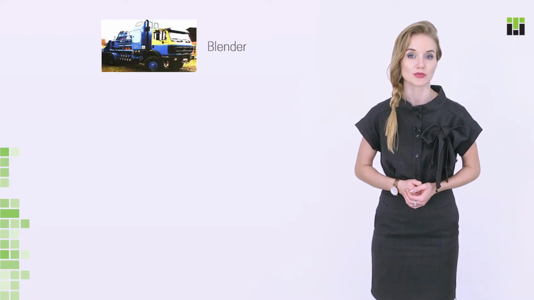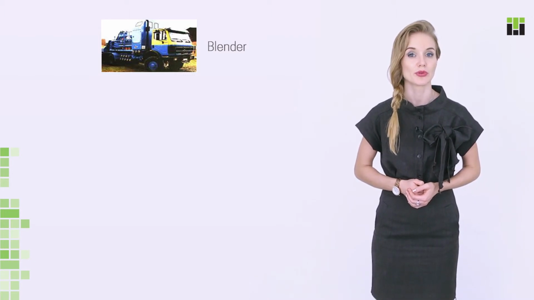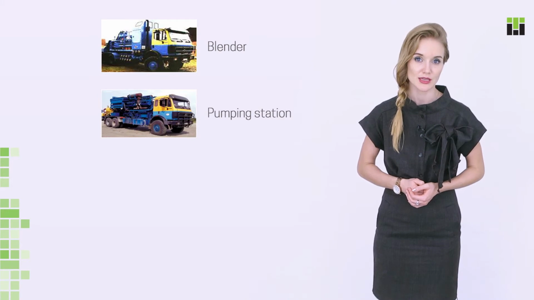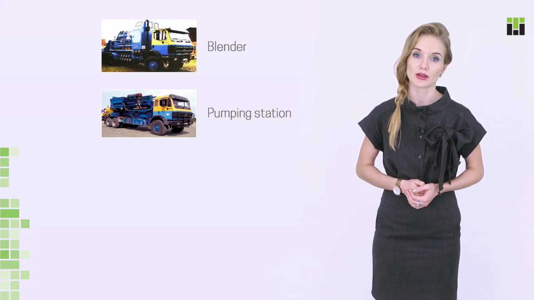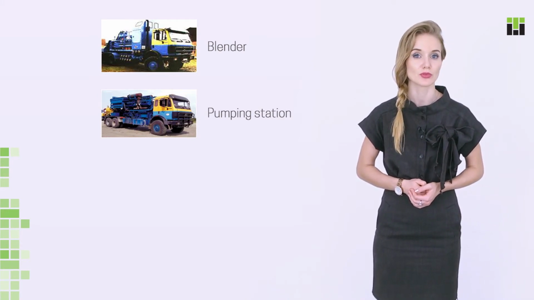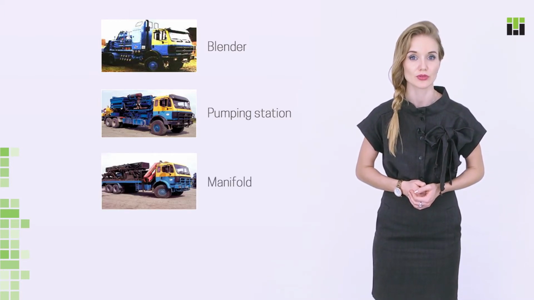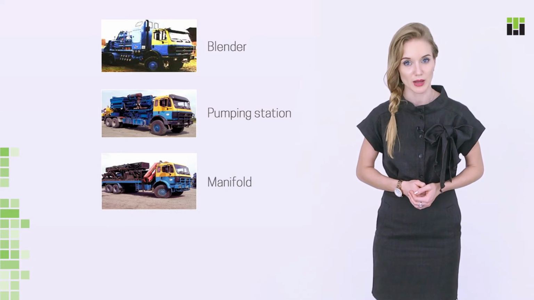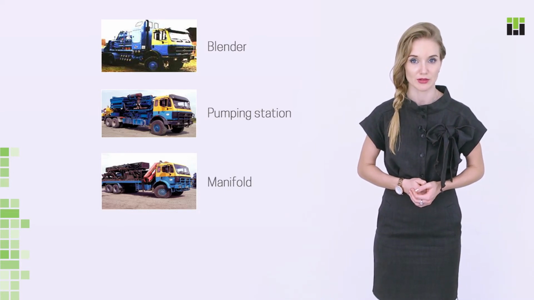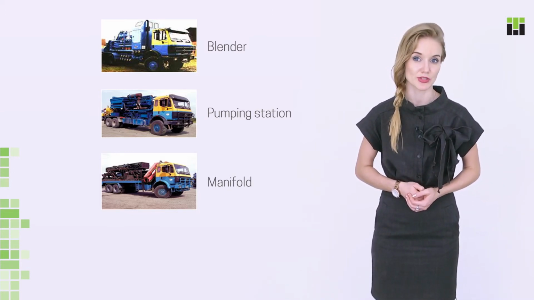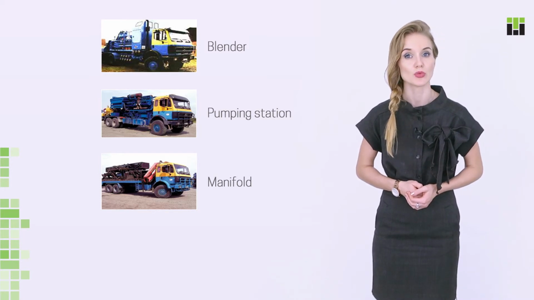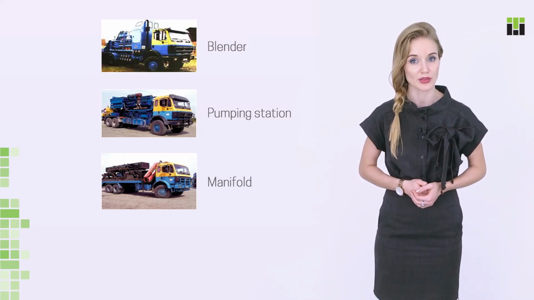It has a quality control station which monitors the process. Pumping station is also mounted on a truck. It pumps fracturing fluid and prop it into the well. Ready fracturing fluid goes from blender to the pumping station through a pressure manifold. It has two separate pressure systems so that they would not interfere with one another.